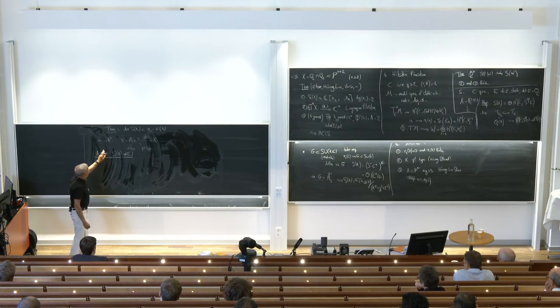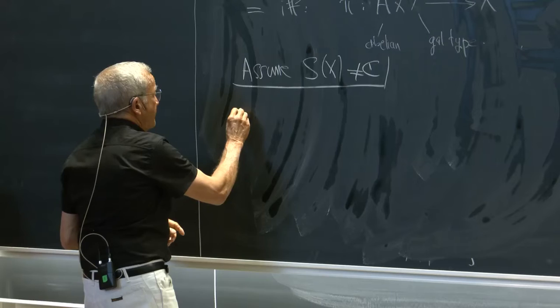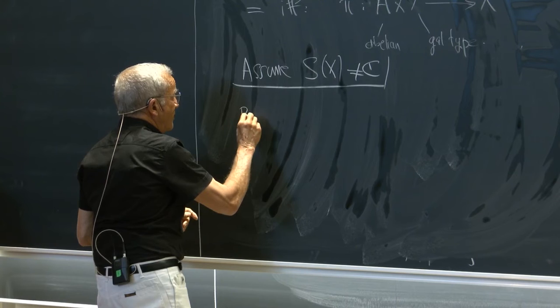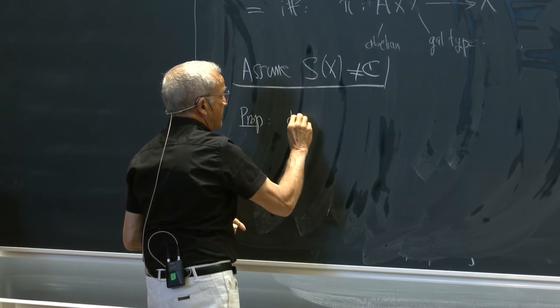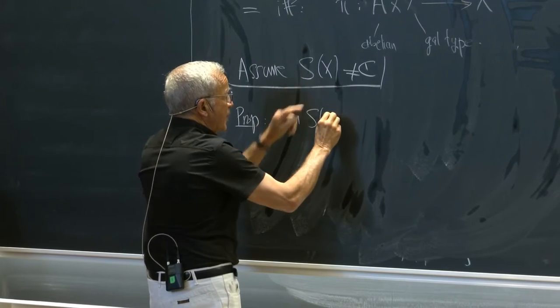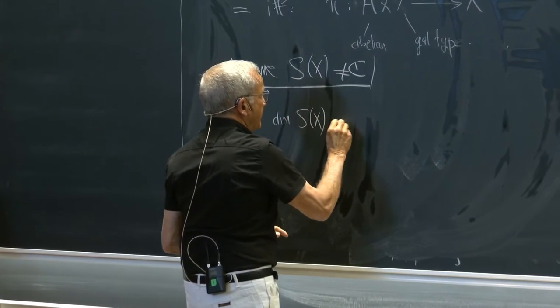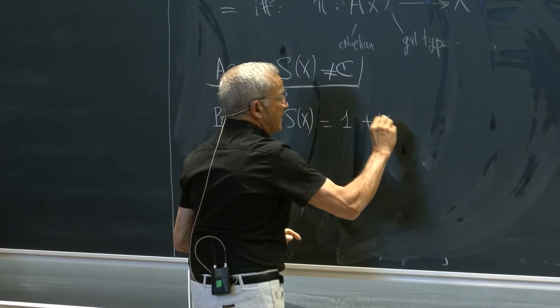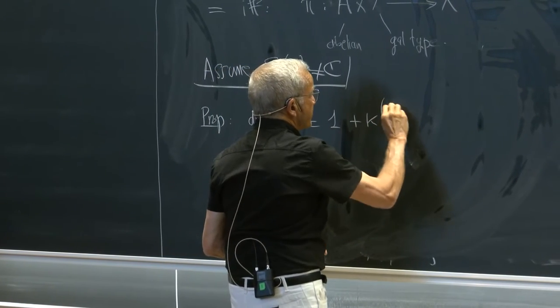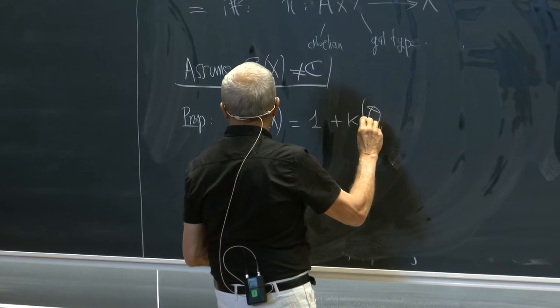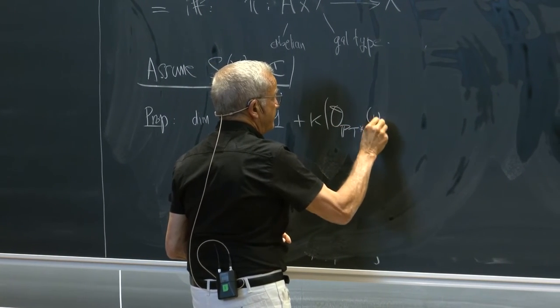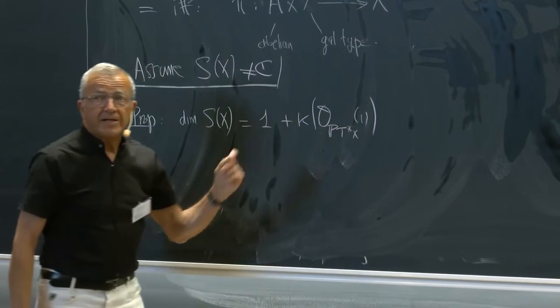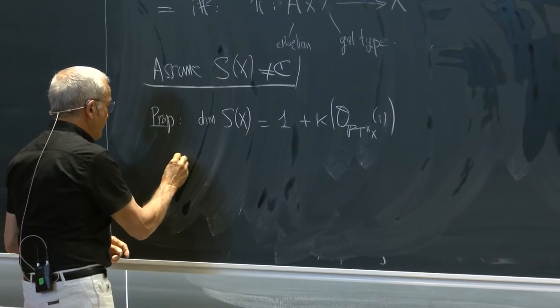Well, let me explain first what this dimension is geometrically. A sort of well-known fact is that the dimension of S of X, and here I'm assuming that it is non-trivial, is 1 plus what is called the Iitaka dimension of O of 1 on P of T star X. What is the Iitaka dimension for a line bundle, kappa of L?